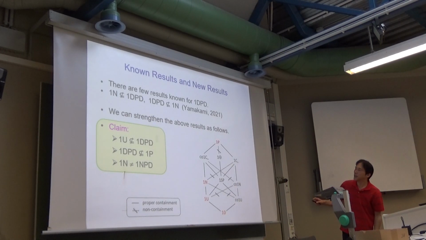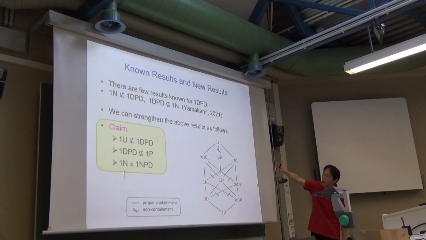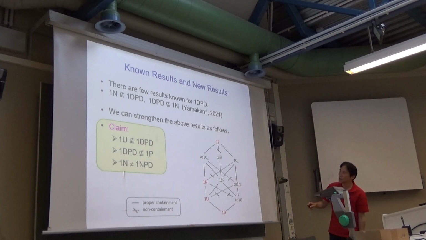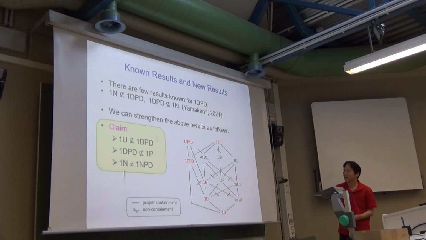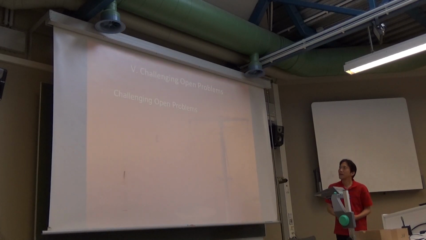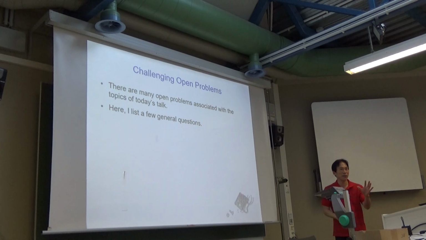This is the previously known result I mentioned a few minutes ago. And associated with the push-down automata, we have those separations, the additional elements here. Now I have finished presenting all the results.